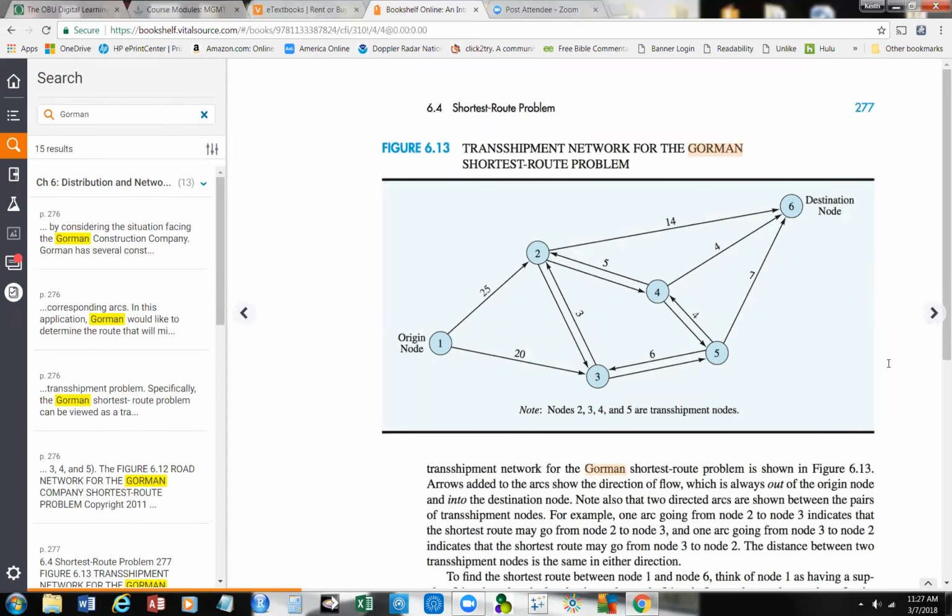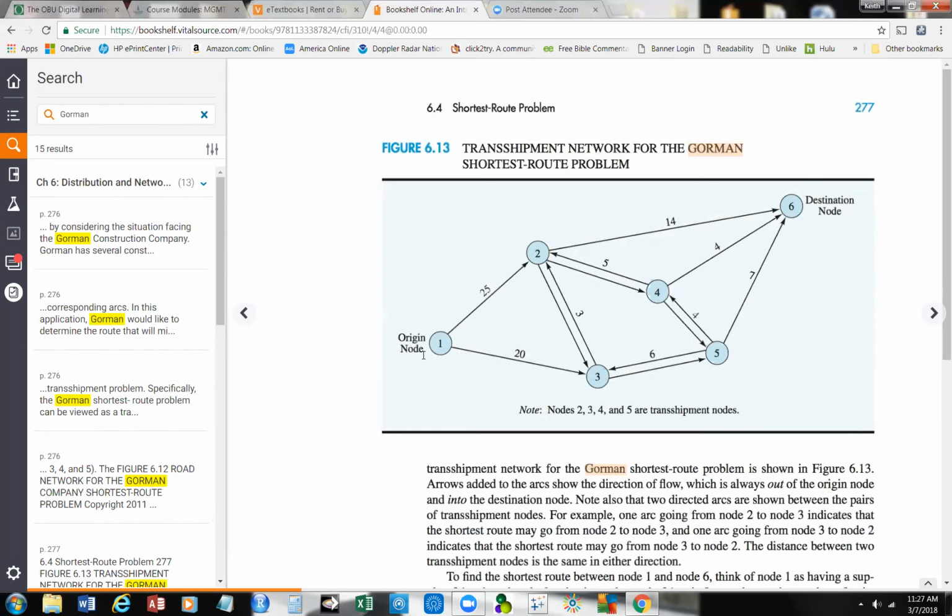Okay, and this is also known as a transshipment problem. And you say, why is it called that? Because I have interactions incoming and outgoing from the nodes. There are only 2 what we would call simple nodes, and that would be the origin node and the destination node.